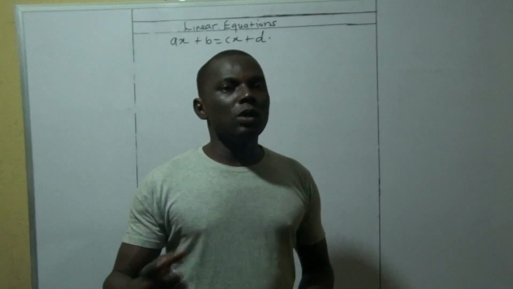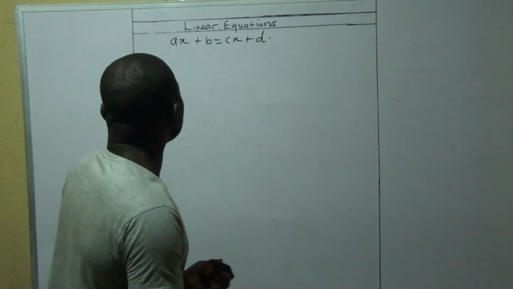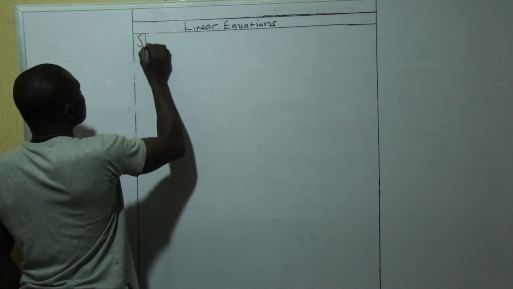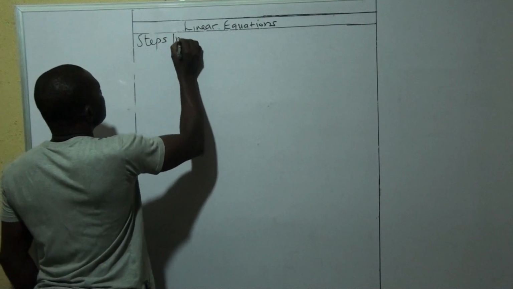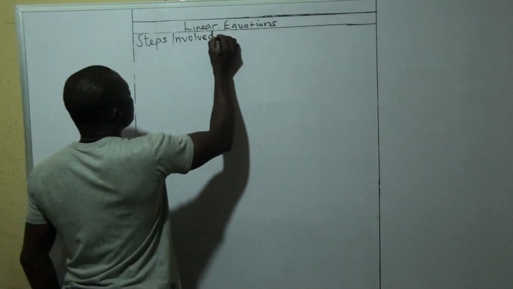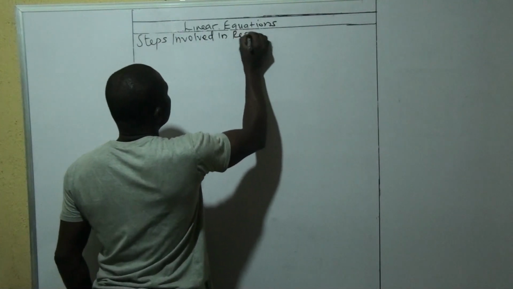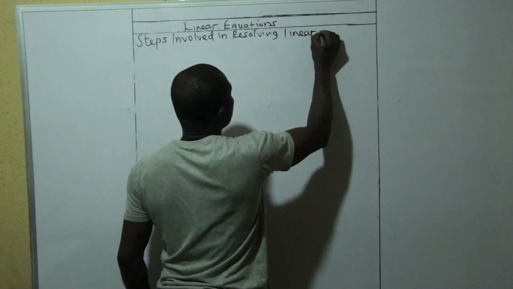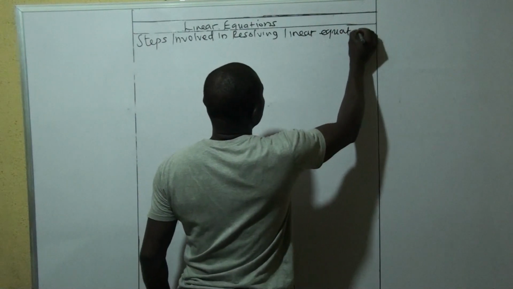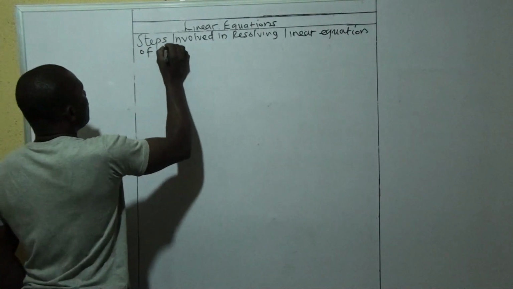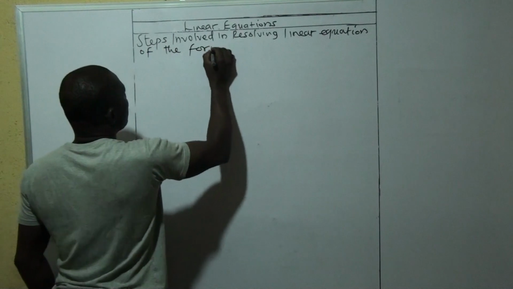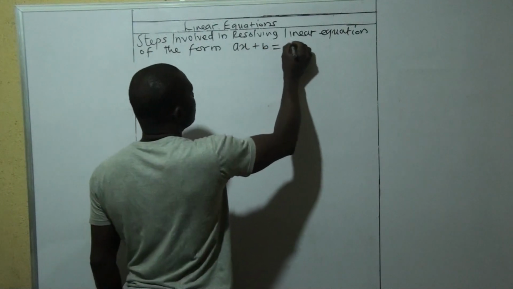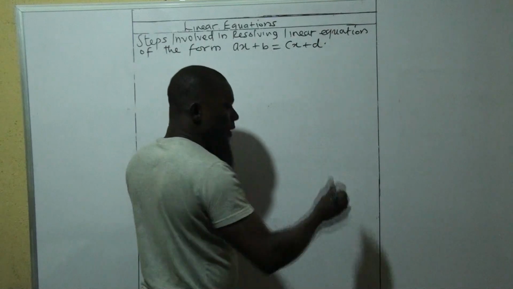First thing we will do, we're going to look at the steps involved in resolving a linear equation of the form ax plus b is equals to cx plus d.